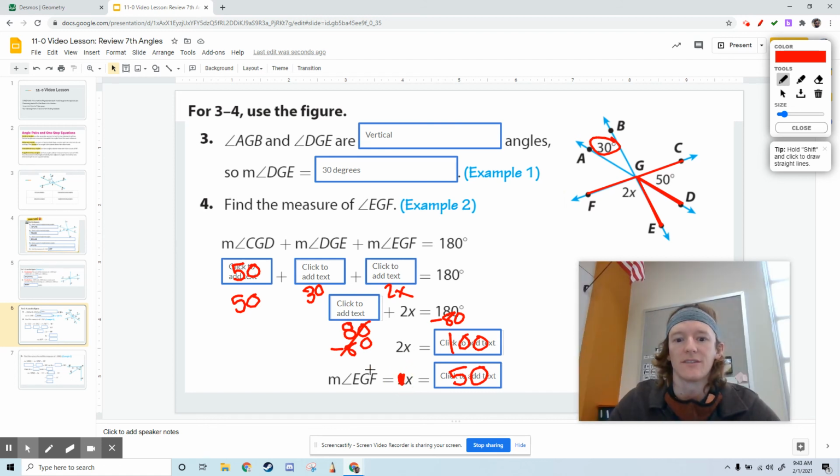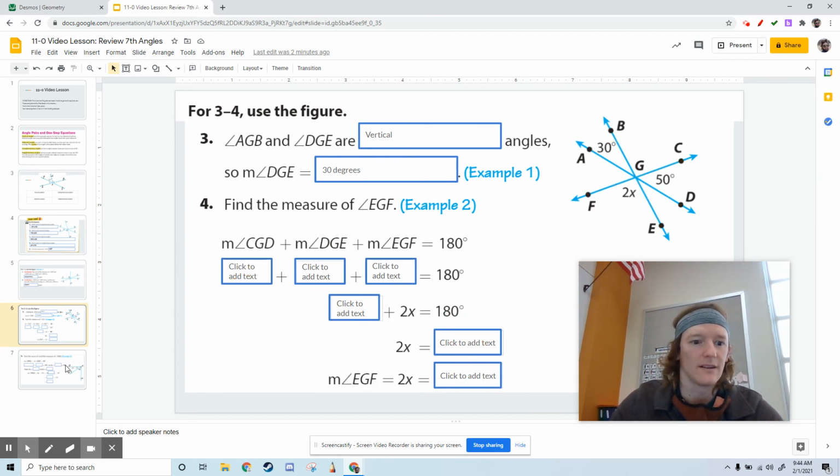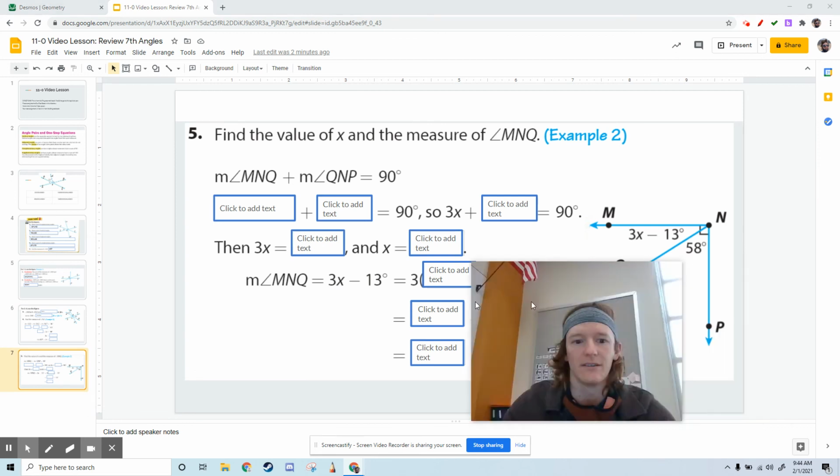X equals 50. That's the goal here. We need to figure out that x equals 50. We already have EGF is 100. So that's probably actually number 5. Oh well. So x is 50. This angle here is 100 degrees. So go ahead and type those in. And we'll go to our last slide, last question, number 5.